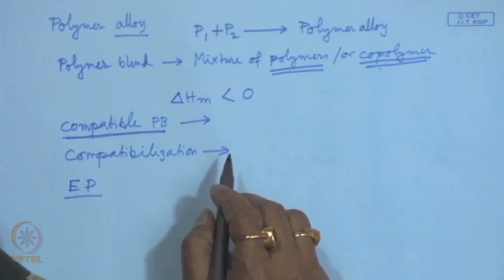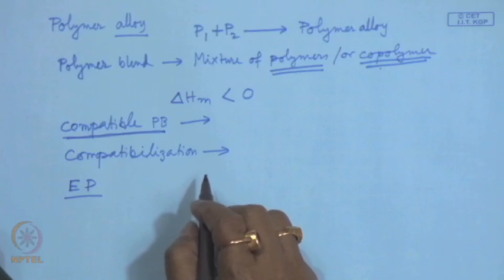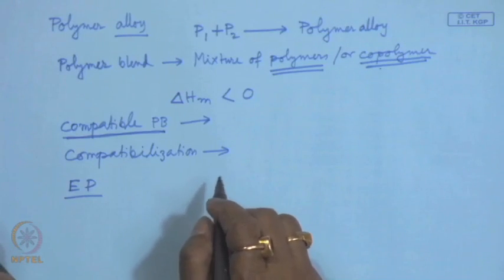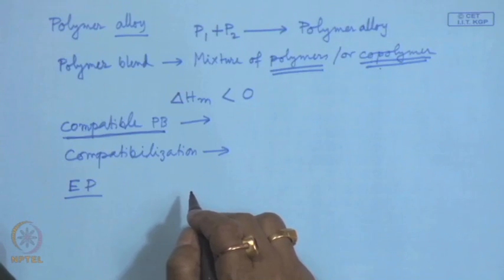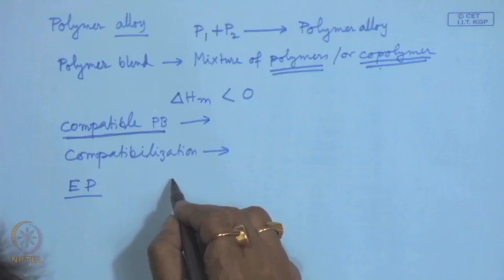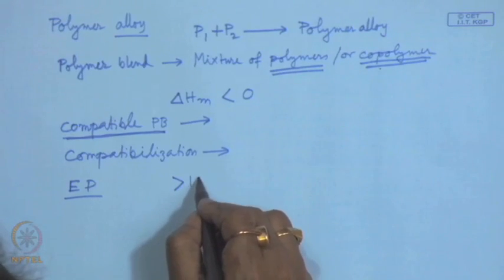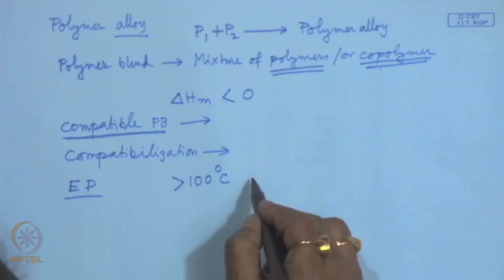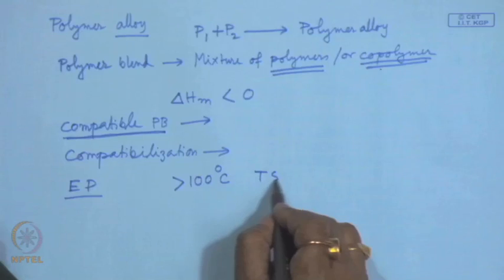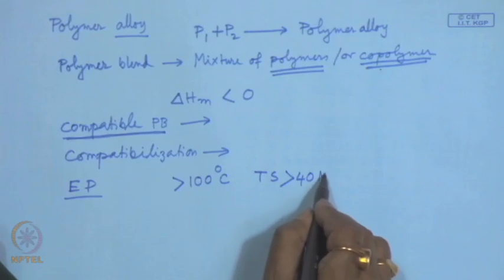The engineering polymer is also considered a processable polymer, which is supposed to exhibit high performance properties, say high mechanical properties at a certain temperature where the product is to be continuously used, preferably at a temperature higher than 100 °C with a tensile strength of greater than say 40 megapascal.